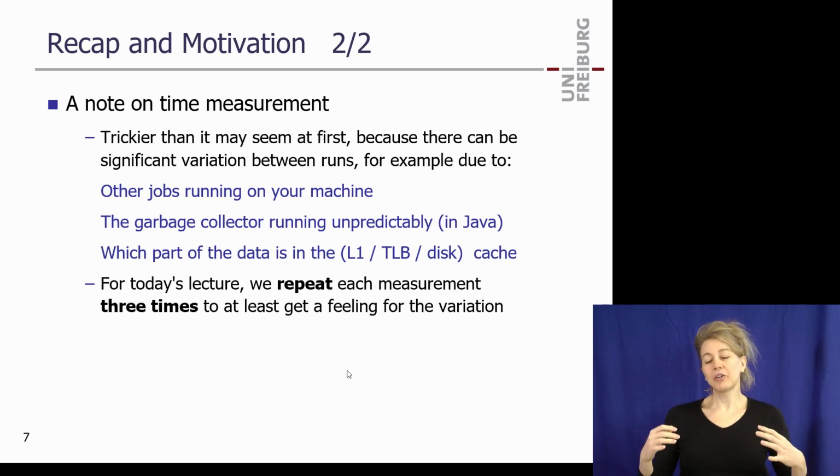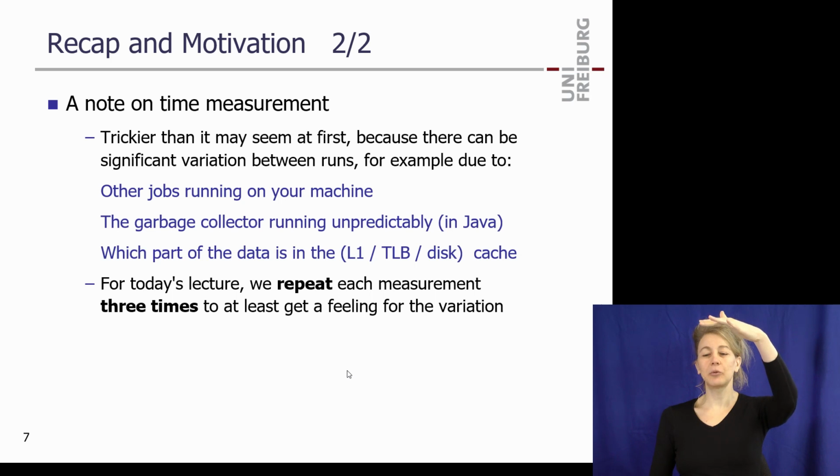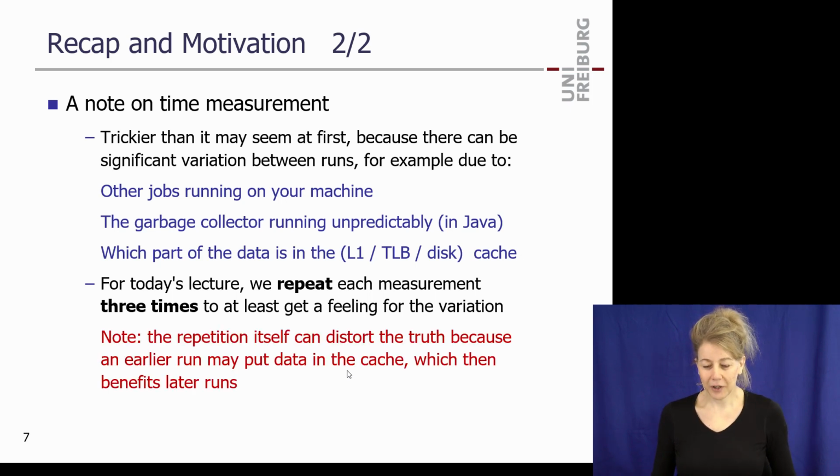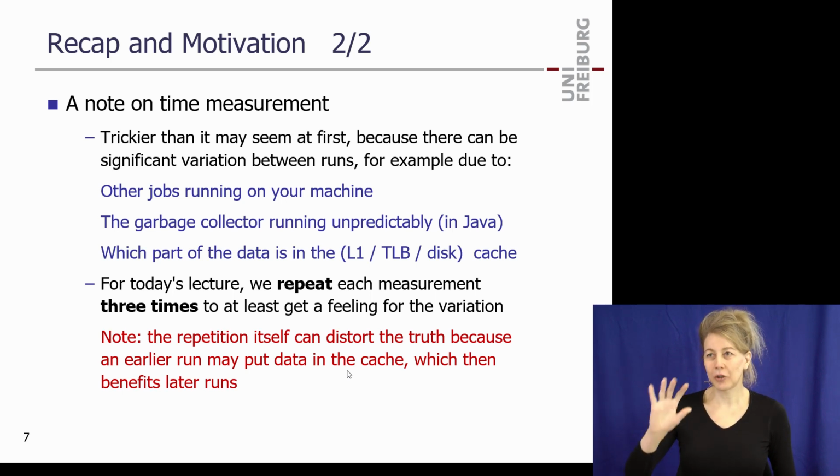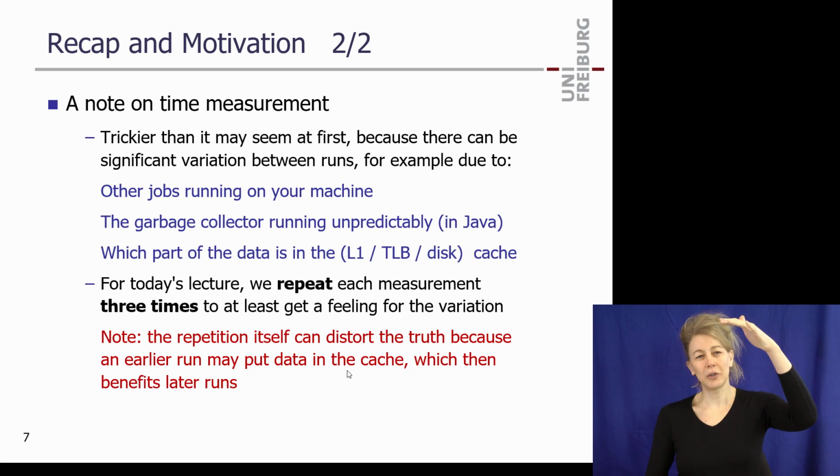We will do something very simple today. We will just repeat each measurement 3 times so that we at least see if there is a certain variation. So we're not computing any averages, just repeating 3 times. Of course, interestingly, if you repeat something 3 times, that can also distort the truth, because you're doing the same thing 3 times in a row.